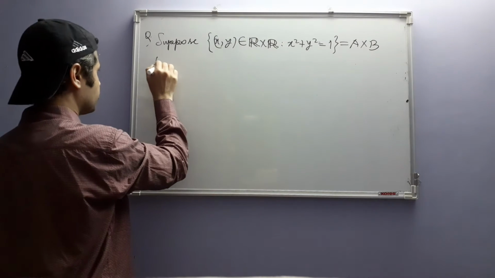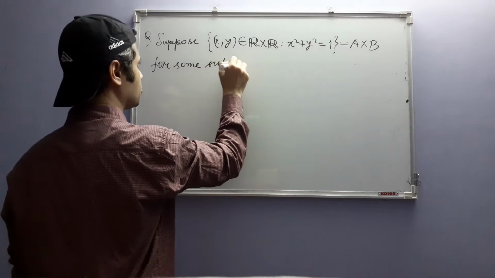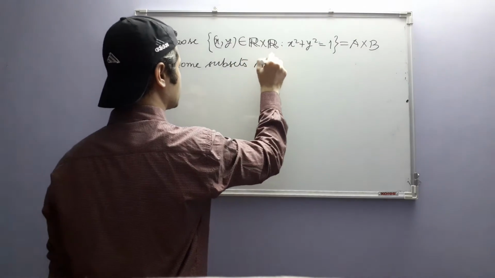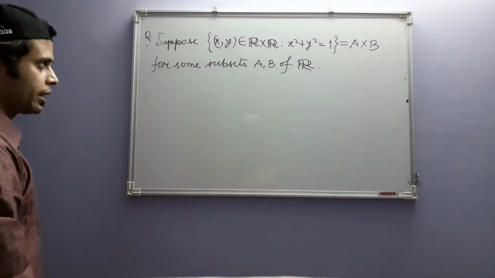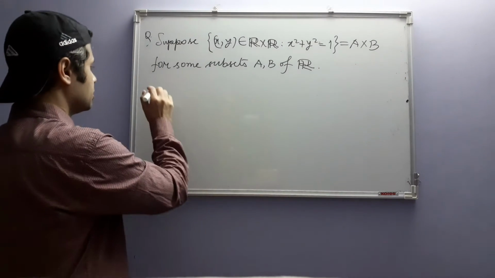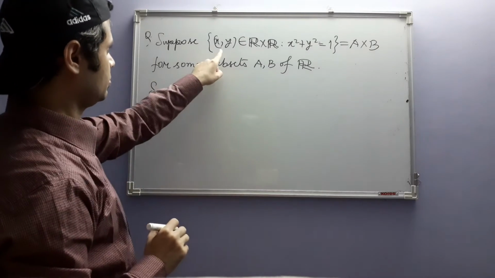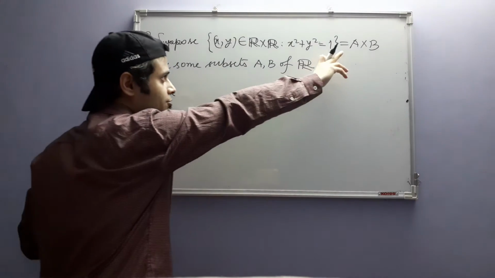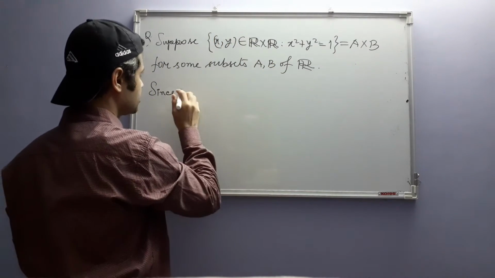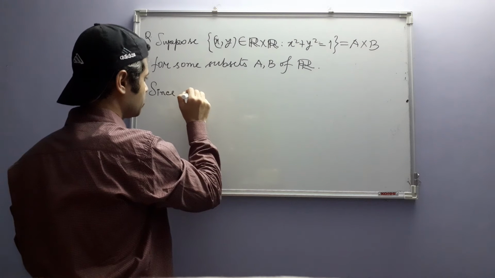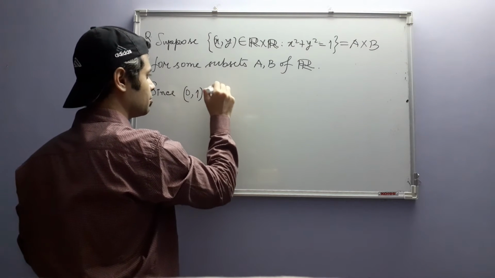A cross B for some subsets A, B of R. This part I need. Okay, I have to arrive at a contradiction. Since, instead of considering elements here, I consider an element here. Since (0, 1), yes, I can take that one. (0, 1) belongs to this.